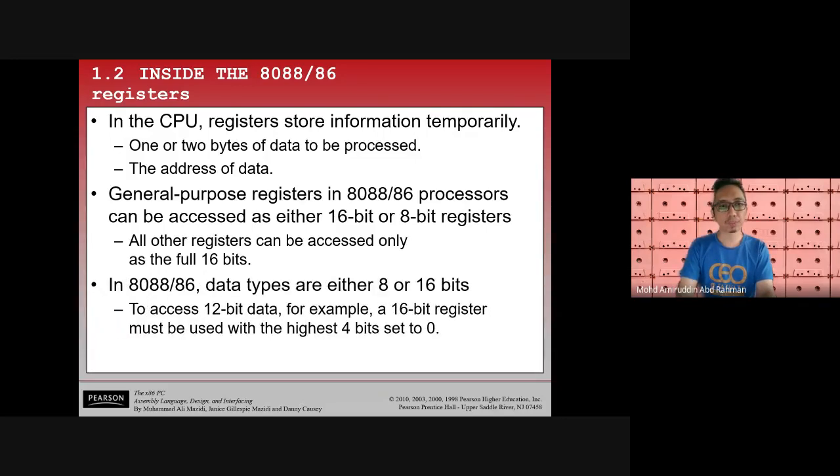The data type can be either 8 or 16 bits. For example, if we have 12 bits of data, what will happen? We will use the 16-bit register, but the highest 4 bits will not be used, so they will be set to 0.